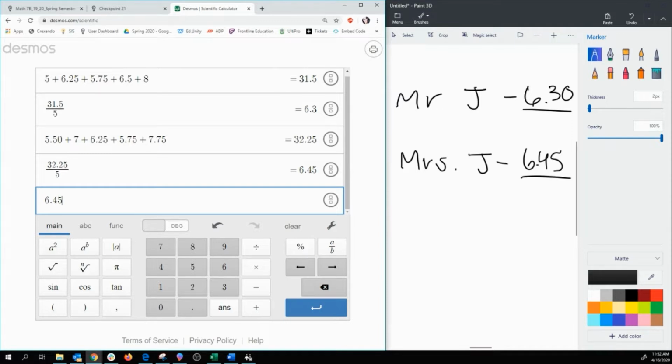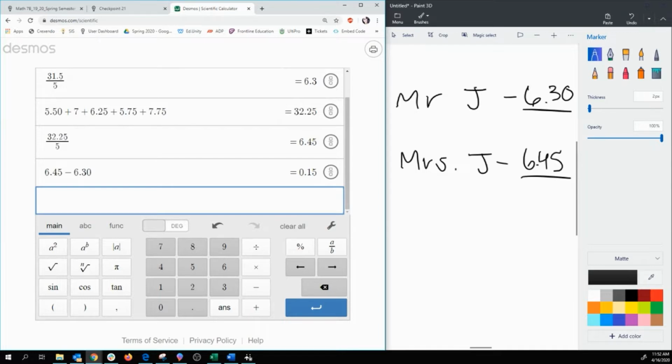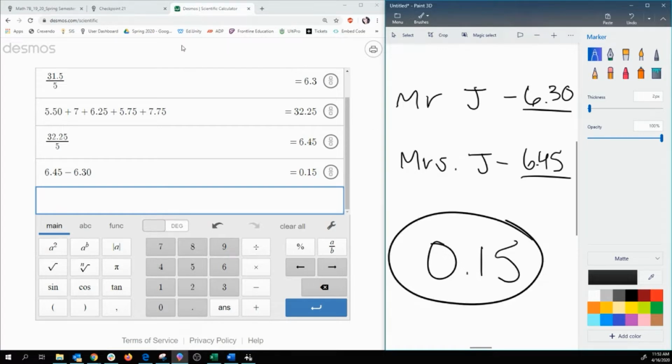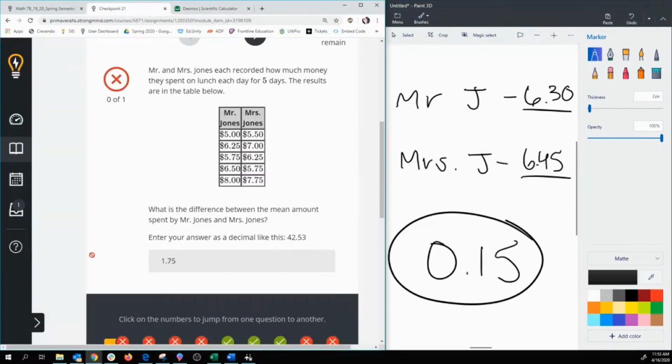How'd you get that 15 cents? You subtracted. Perfect. Yep. So if you take that 6.45 and subtract 6.3, that will give you the difference, which is 0.15. So the difference between their average amount that they spend for lunch would be 0.15.